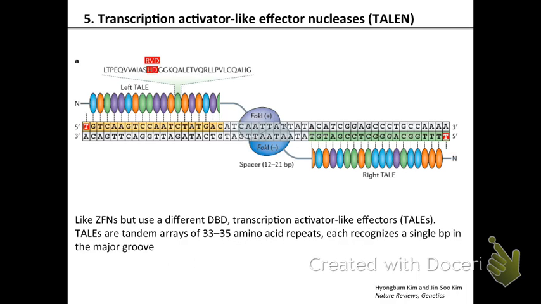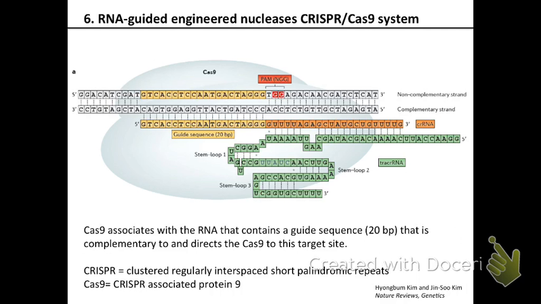Any question about this? All right. So what you're doing is you're taking advantage of the fact that you know something about protein structures that can recognize specific sequences, and you engineer it in such a way that you can make them bind to a certain sequence, right?